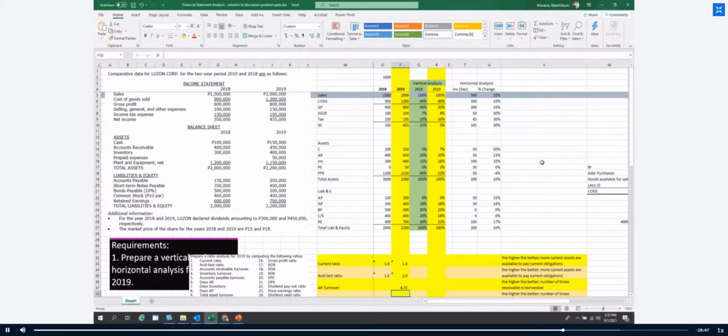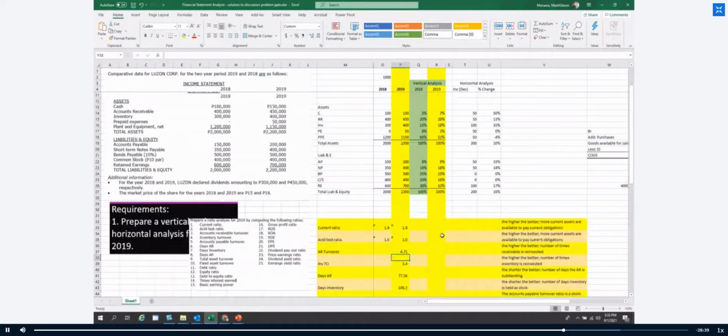So that's basically your cash cycle. It mentioned here that this is the number of times that your receivable is reinvested. So again, the higher the better, meaning you're comparing it with another company within the.